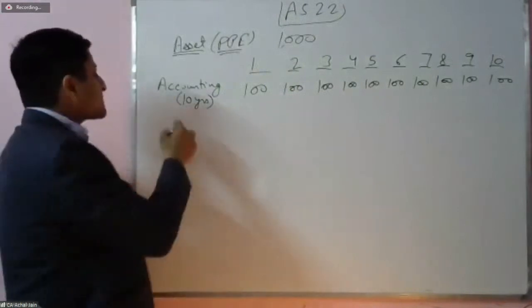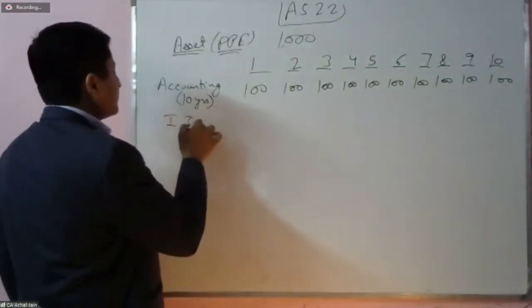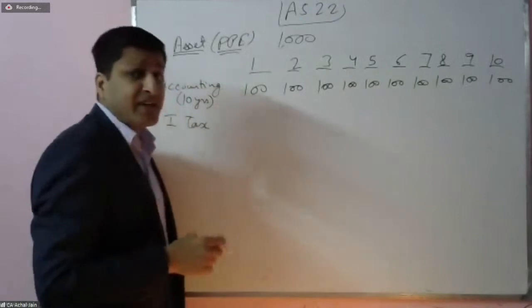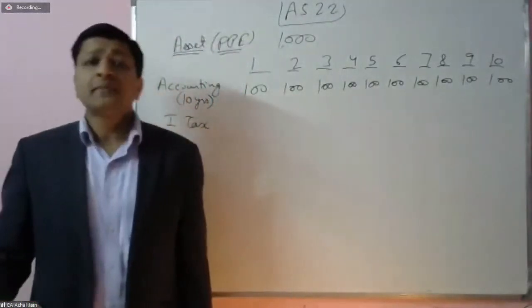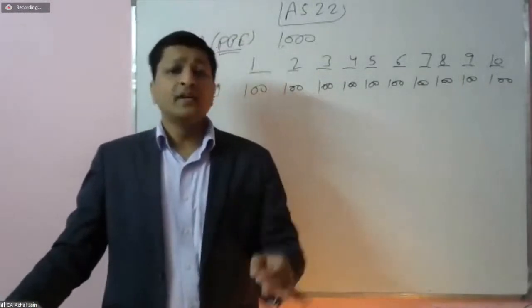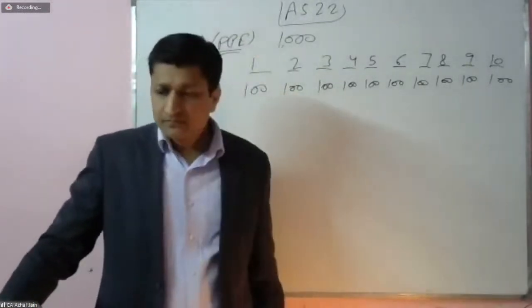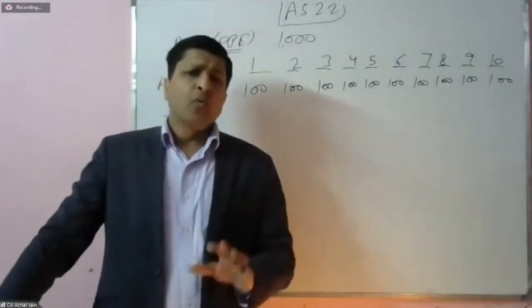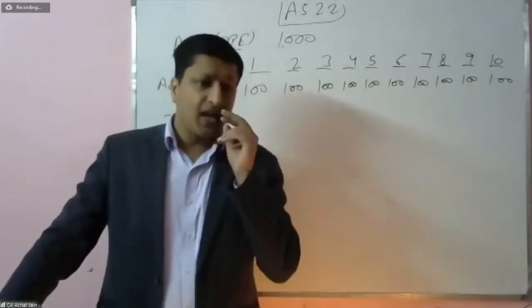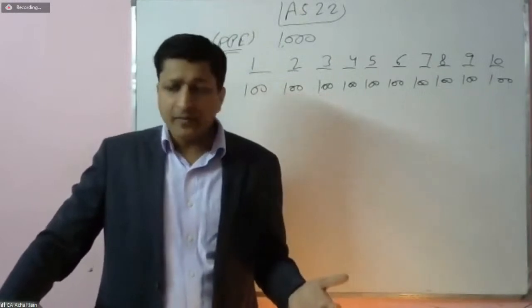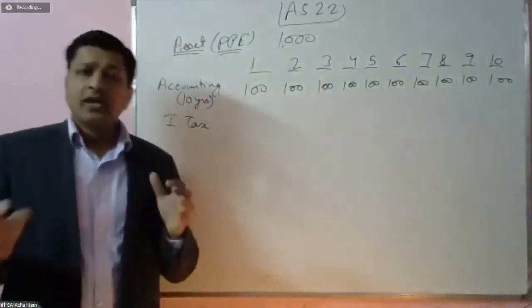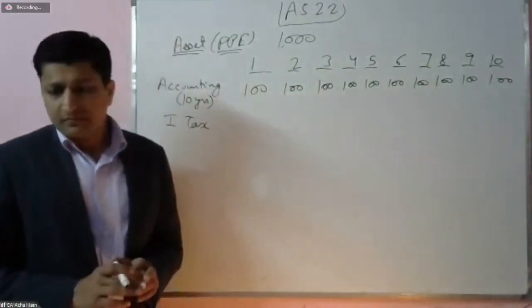Let's suppose as per income tax, the depreciation charge will be 20%. Only for an example I am discussing. I am not taking the exact rates of depreciation and exact methodology. This is only illustrative.